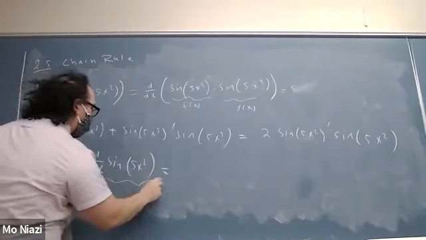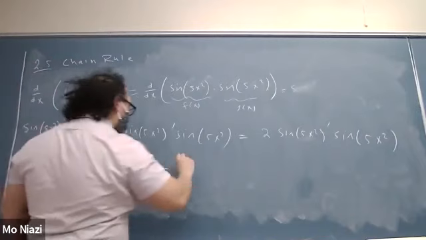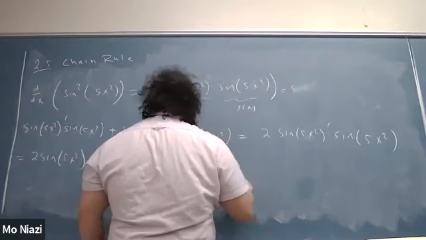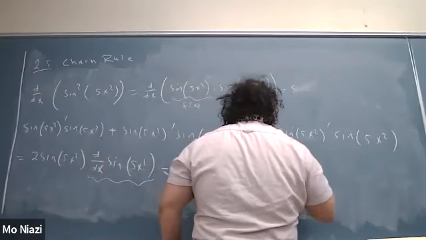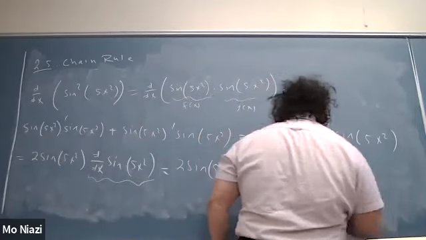This is going to involve the chain rule, because first we take the derivative of sine, keep the inside constant, then ddx of the inside function. So this is going to become 2 sine of 5x squared times the derivative of sine, which is cosine of 5x squared, times ddx of 5x squared.